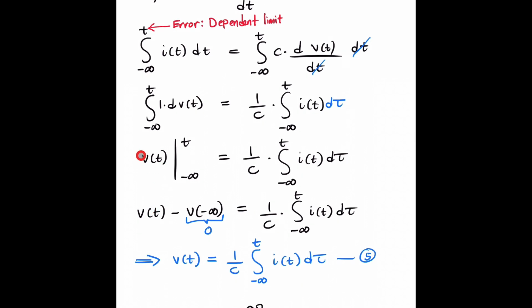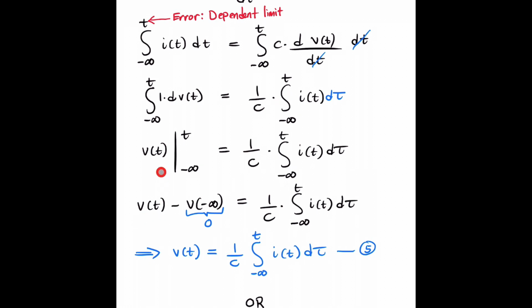So this is basically the voltage as a function of time. We evaluate it at minus infinity and t. I've just brought this down here. So this is v of t minus v at minus infinity equals this.